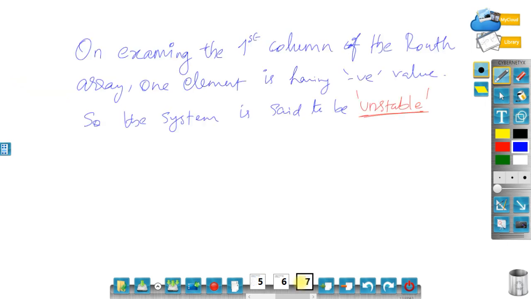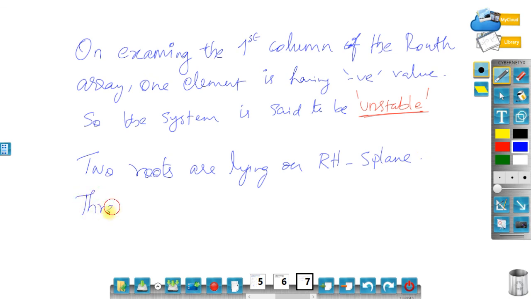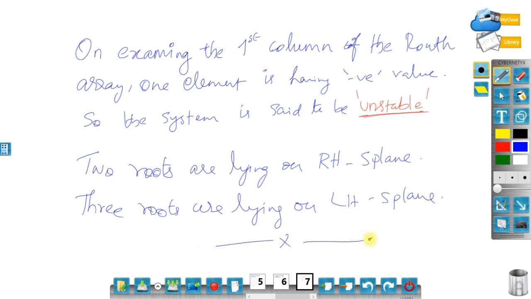So I can comment on the locations of the roots: two roots are lying on the right half of the S-plane, right? And 3 roots are lying on the left half of the S-plane. This is the comment on the roots of the given characteristic equation.